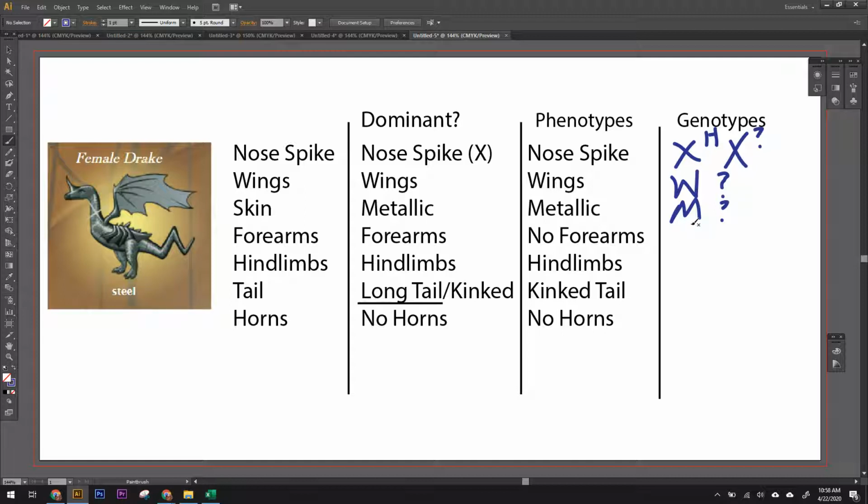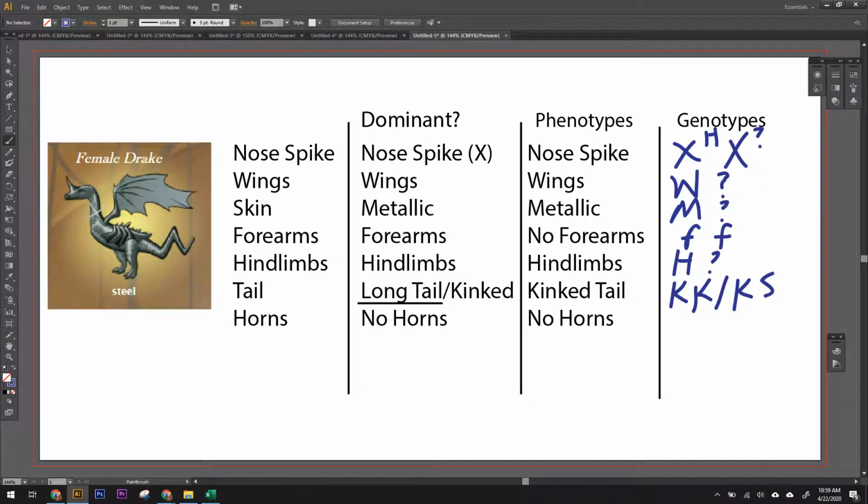Forearms, that's one we can figure out for sure. We know she is recessive for that trait because that being a recessive trait, the only way she could possibly have that phenotype is if she has two recessive alleles. Hind limbs, that's going to be another one that is questionable. Tail, she has a kinked tail, so that means she could either be kinked or kinked short.